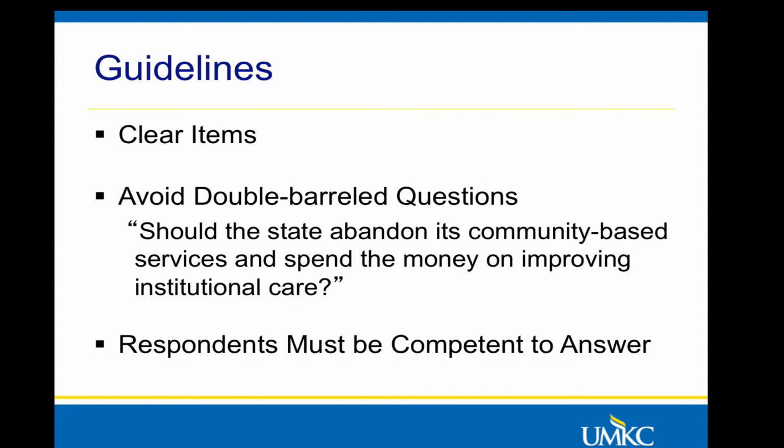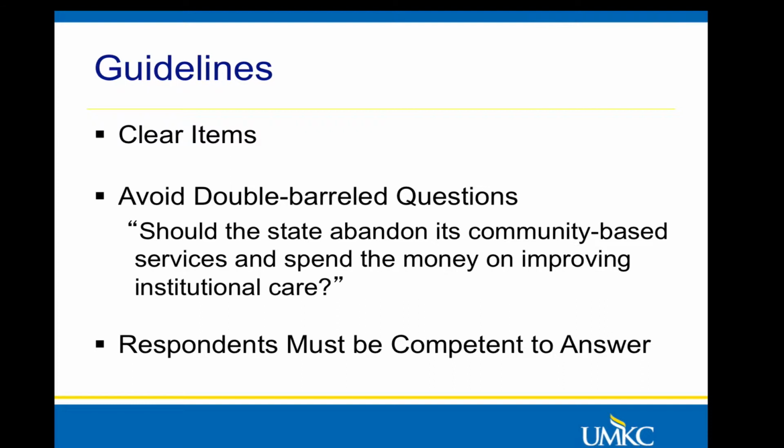In the example in this slide, should the state abandon its community-based services and spend the money on improving institutional care, the second part of that question assumes agreement with the first part. People would often expect an answer for this kind of question to be yes or no. However, one may agree that the state should abandon its community-based services, but then not agree that they should spend the money on improving institutional care.